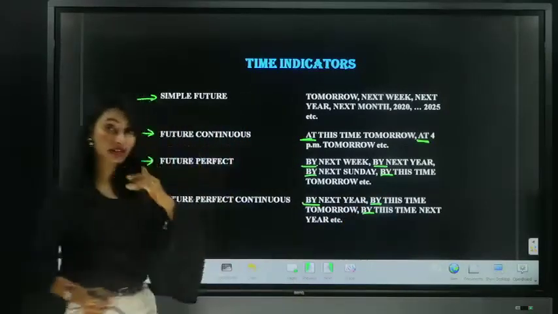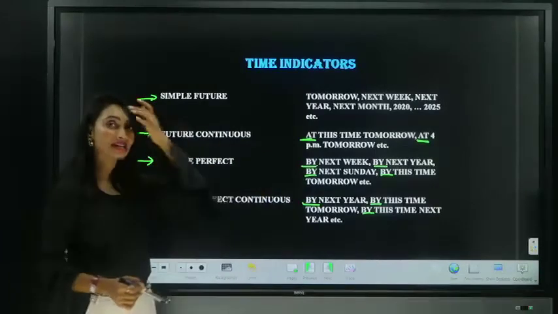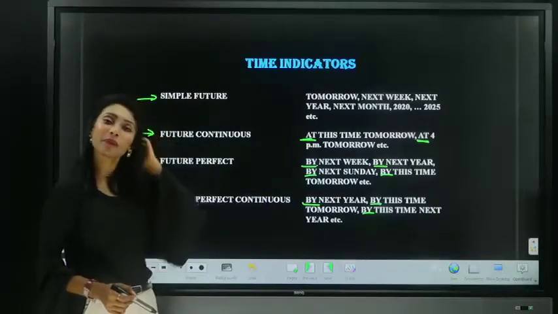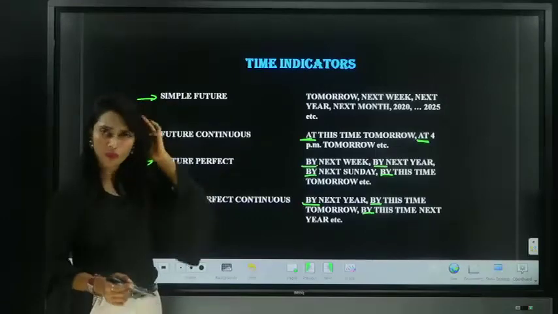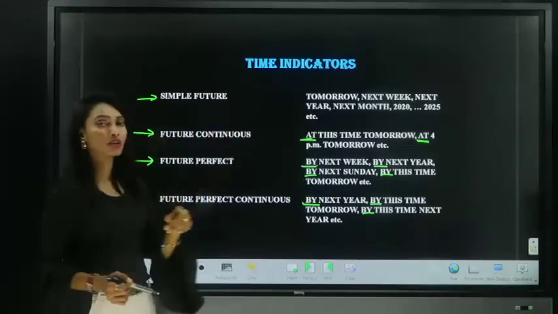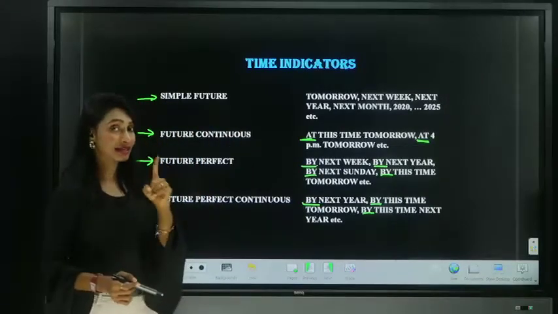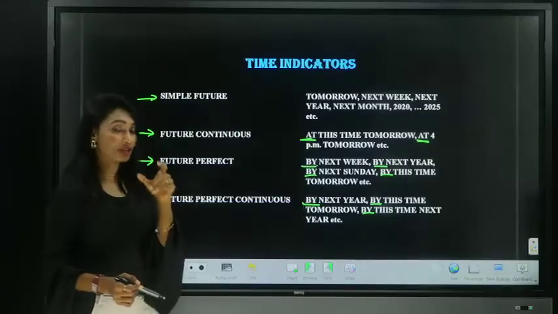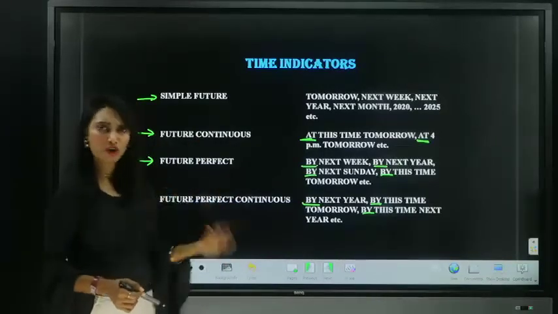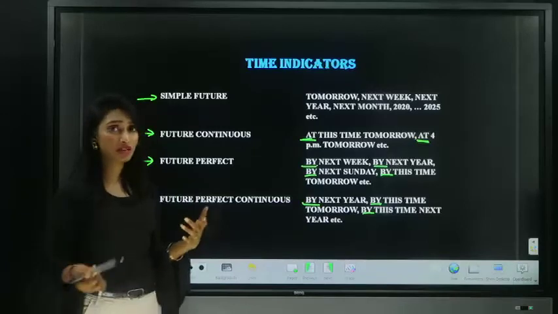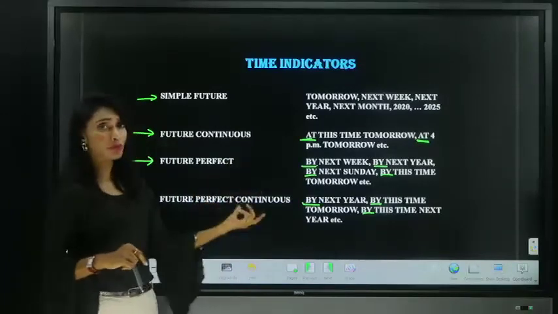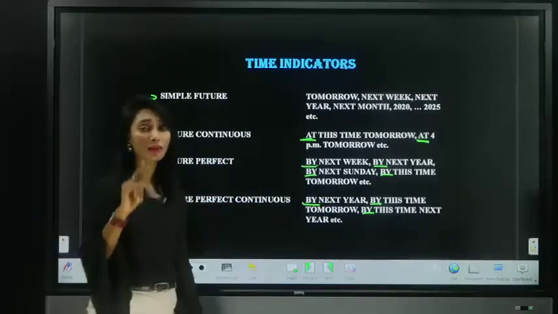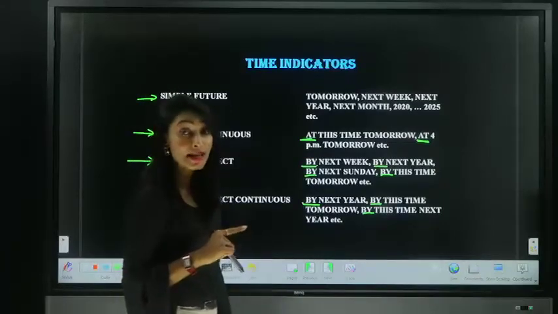It talks about the continuous action. So those are the time indicators you must remember. For simple future, no preposition. For future continuous, at. At this time tomorrow, at 4 p.m. tomorrow, at this time next week, etc. Whereas for future perfect and future perfect continuous, the preposition for the time indicator is by.